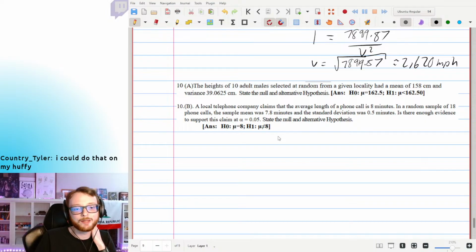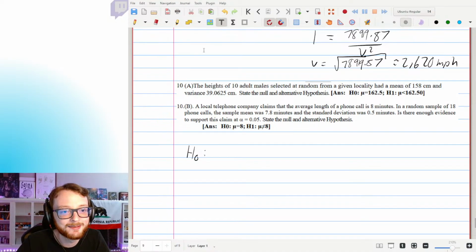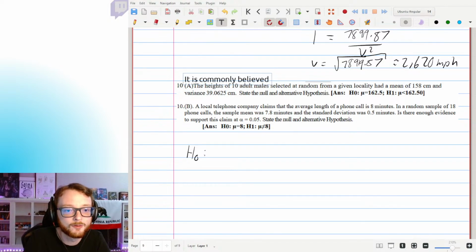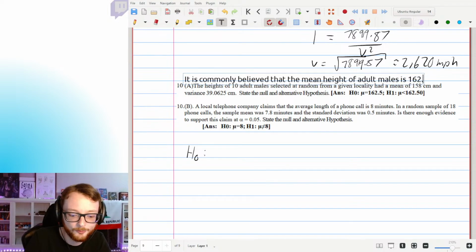We don't have any way from the statement of the question to figure out that it should be 162 and a half. I think this question is bad, but there should be some statement like it is commonly believed that the average, or I guess mean, it doesn't matter, the same thing, height of adult males is 162.5 cm.